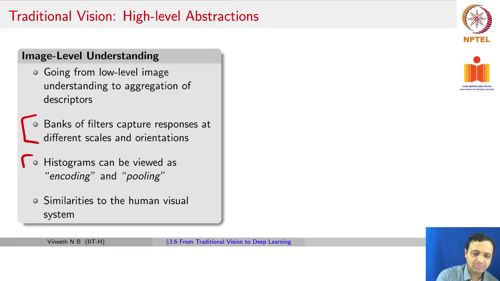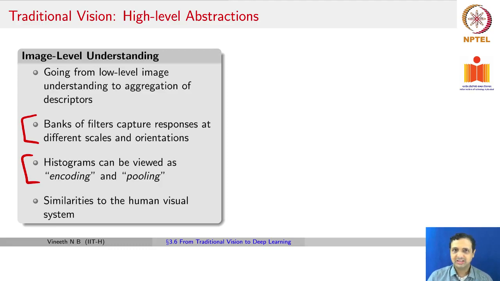Then there were histograms, which could be considered as doing some form of encoding, because you're trying to quantize different key points, or even doing some kind of pooling of features to a common cluster centroid or a common codebook element.